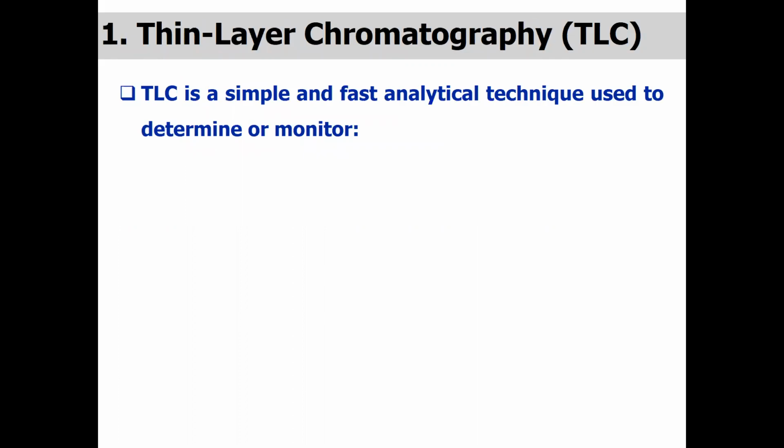If you remember, we have discussed various types of chromatography in our past lectures. TLC is a simple and fast analytical technique used to determine or monitor the number of components in a mixture. Means, for example, how many components are present in a mixture.